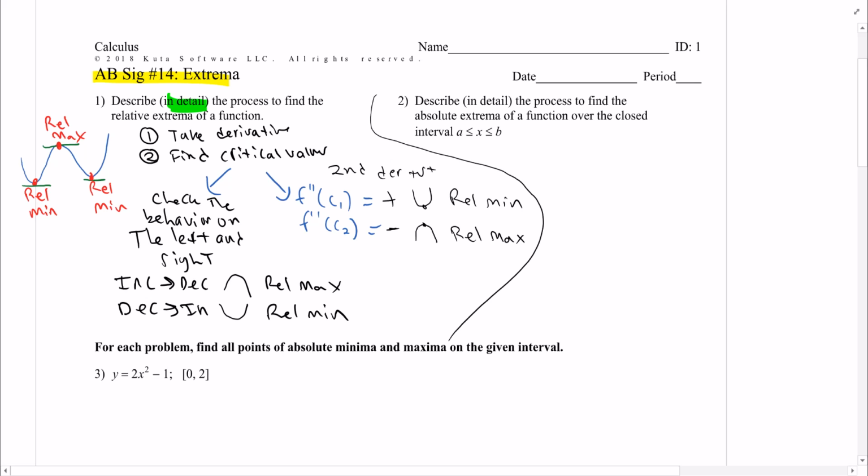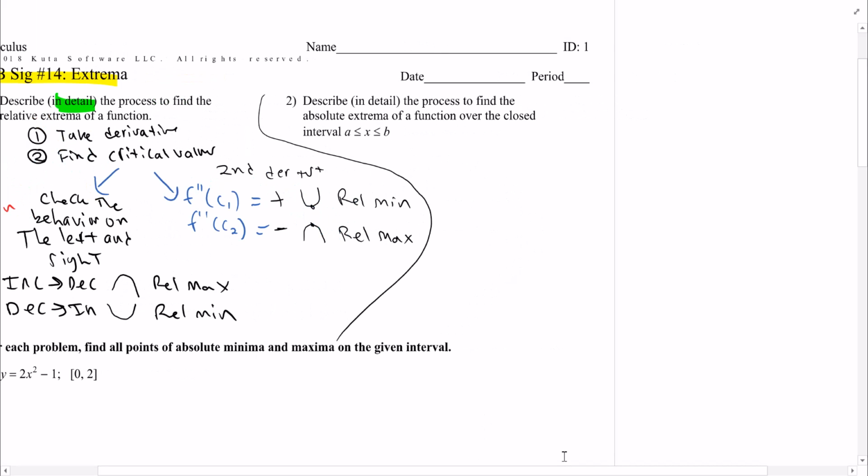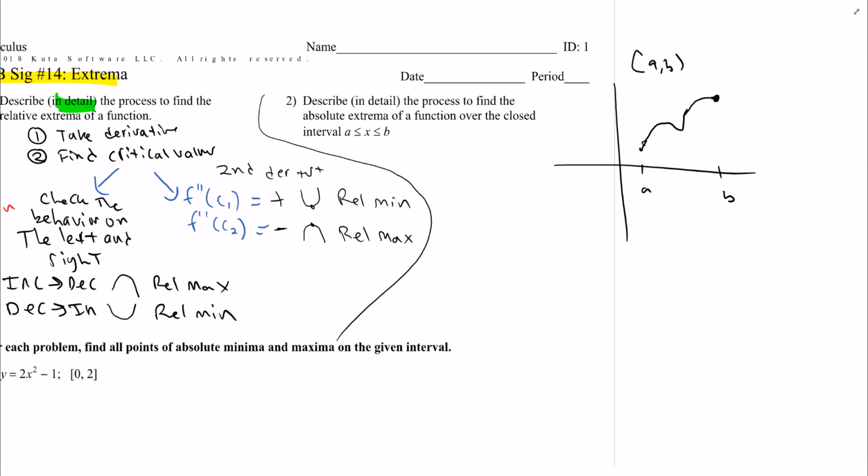Okay, part 2 is to describe in detail the process to find the absolute extrema of a function over a closed interval. So what this means is we're given some interval, call it AB. Let's say A is here and B is here, and we have some function that goes like this. We're asked to find the absolute maximum, the highest point on the graph.